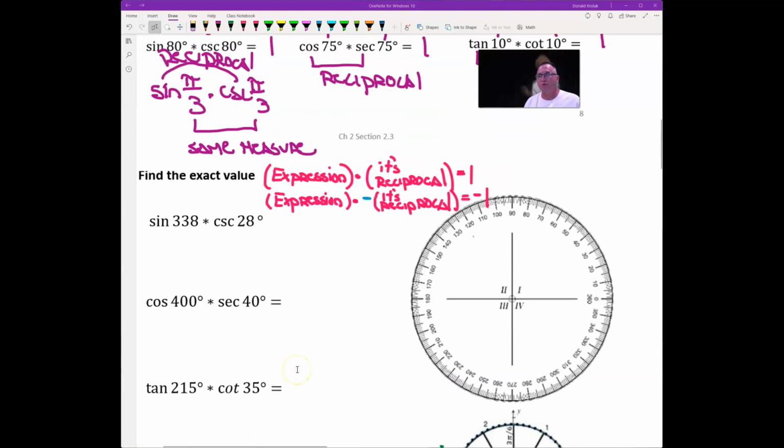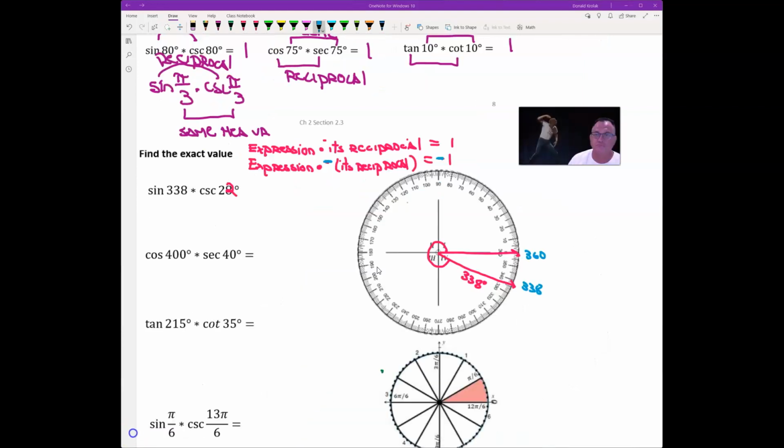So up to this point, what we've shown is if we multiply an expression by its reciprocal, we get 1. It goes to say if we multiplied it by the negative of its reciprocal, we would get -1. You'll see how this plays out in just a second.